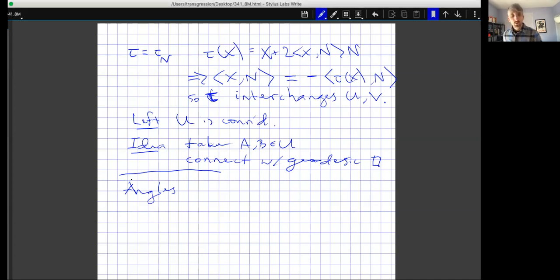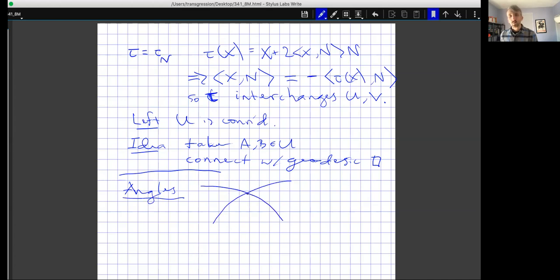All right, so angles. Let's do it. So here's the idea of what I want to do. I want to have a couple of geodesics. And this is going to be some sort of agnostic hyperbolic plane here. I don't know what model I'm working in, but those are supposed to be geodesics.